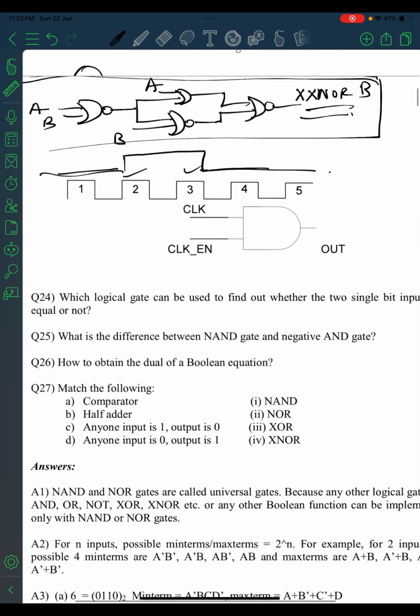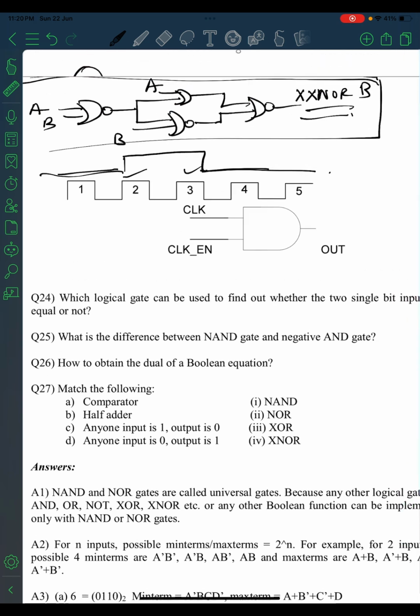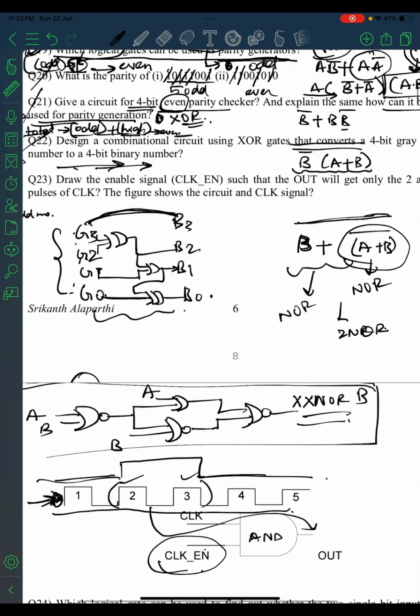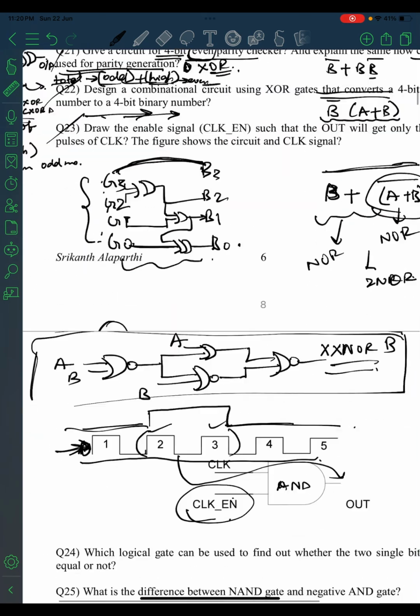Very simple. This is an understanding of an AND gate. Whenever clock enable is 1, those clock pulses will be displayed over here.